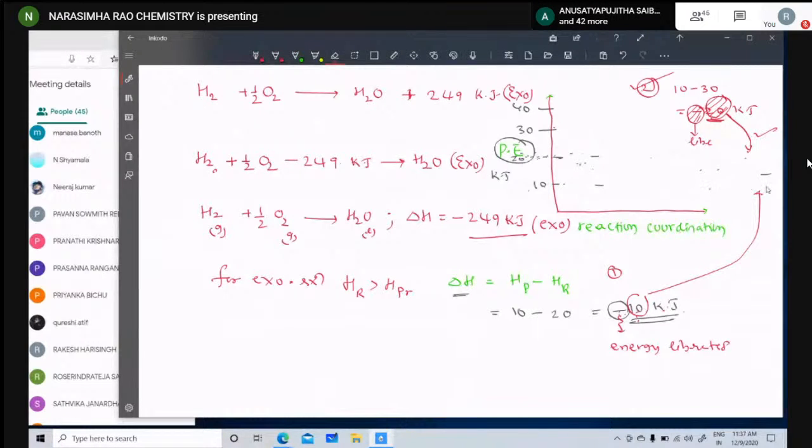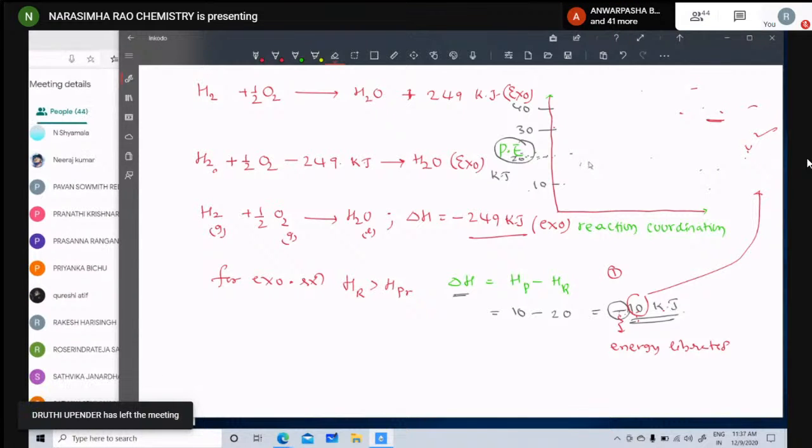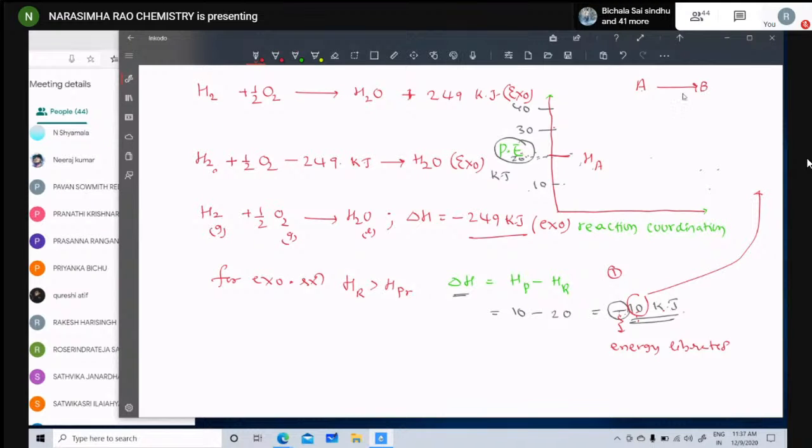During the chemical reaction, the reacting species have a particular amount of energy at a particular temperature and volume or pressure. This is the amount of energy contained by the reactant, which means A. I am giving the equation A gives B. A is a reactant, B is a product.